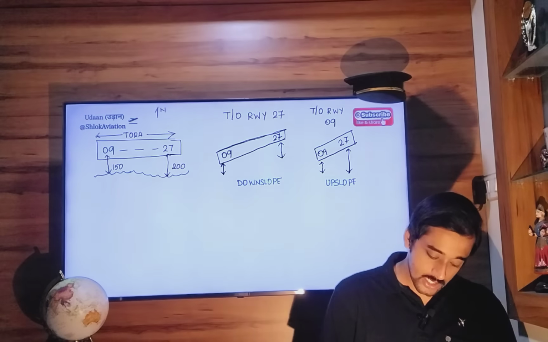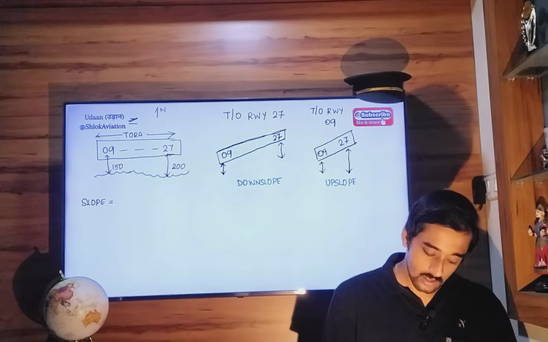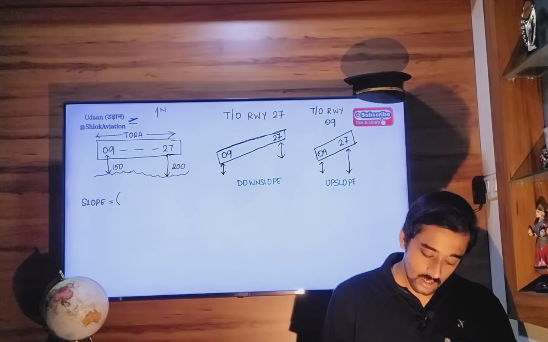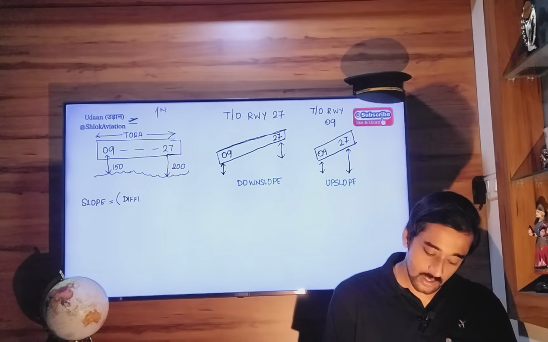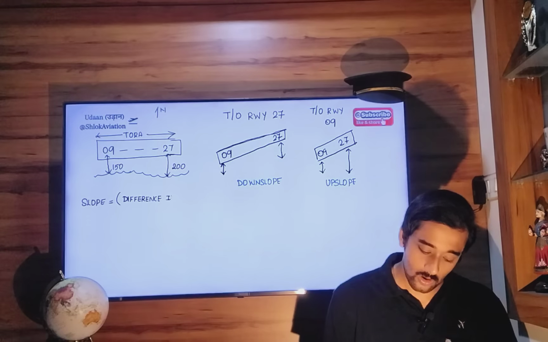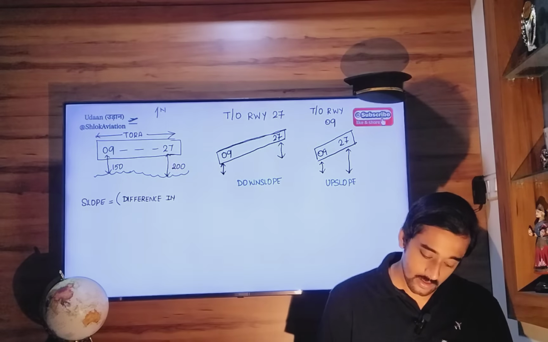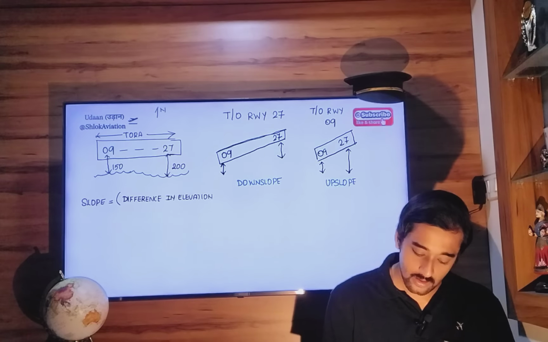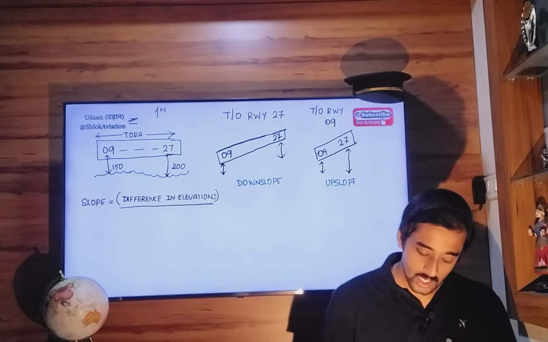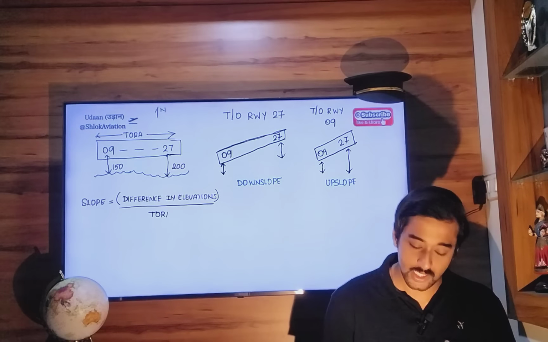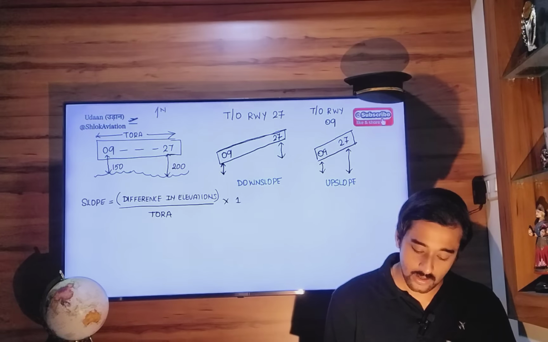So the formula is slope equals difference in elevations of the two sides of the runway divided by takeoff run available distance into 100.